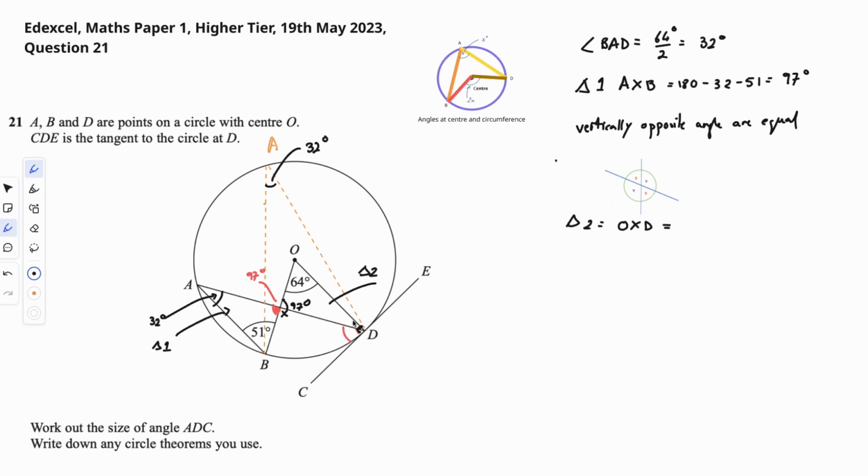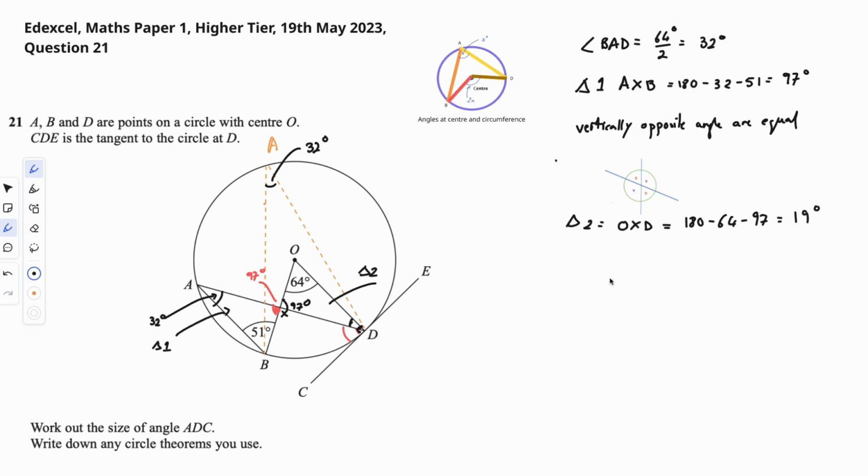So to work out this particular angle, this point here, it will be 180 degrees minus the 64 minus the 97 degrees, which we got because we know it's opposite angles, and that gives us 19 degrees.